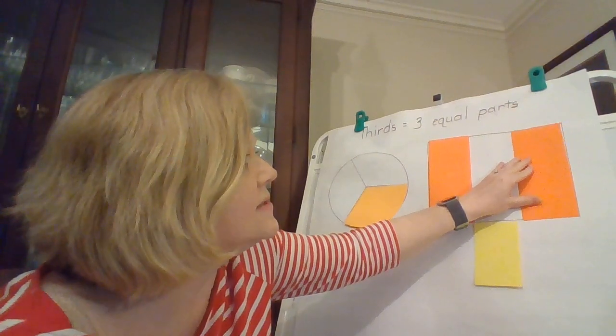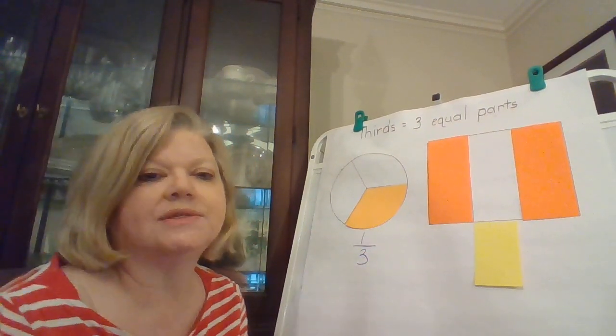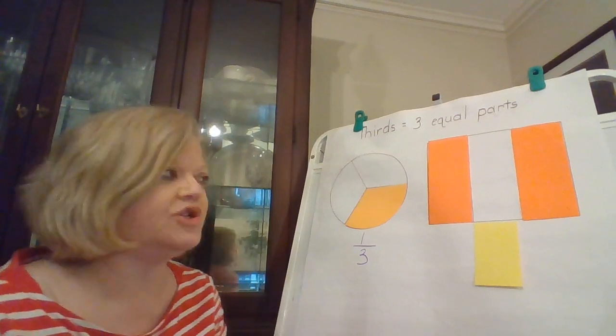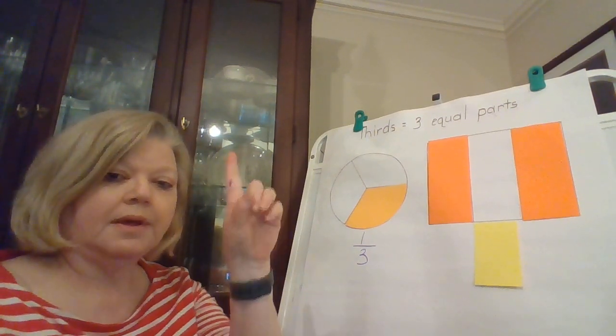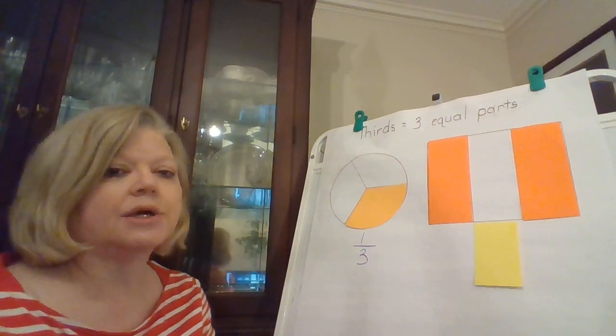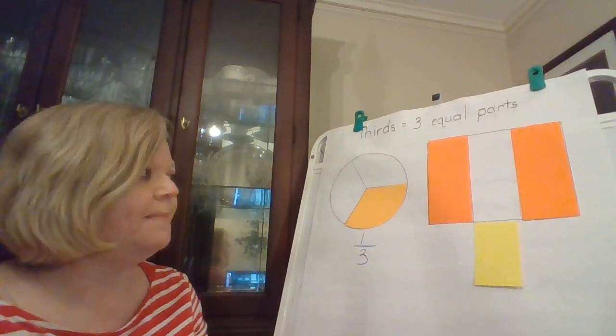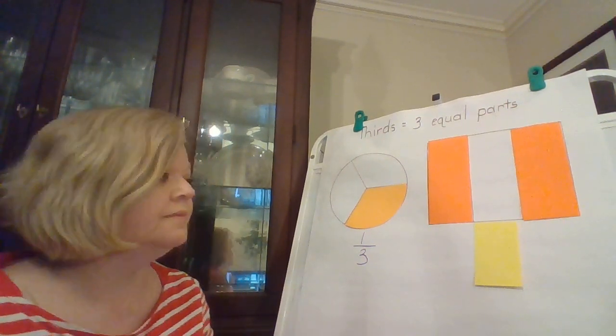Now, looking at this, think to yourself, what would this fraction be? Remember, top number is how many are colored or shaded. The bottom number is how many are all together.